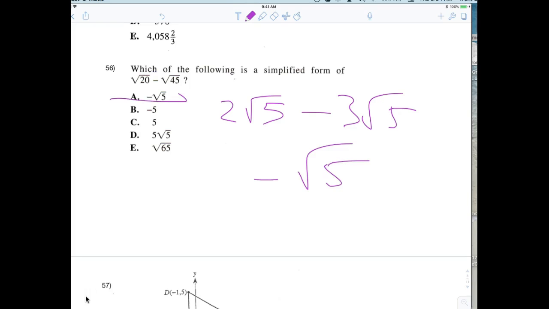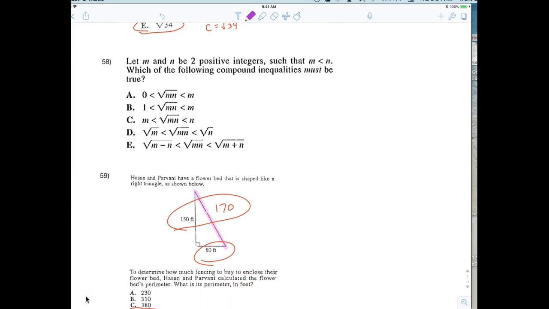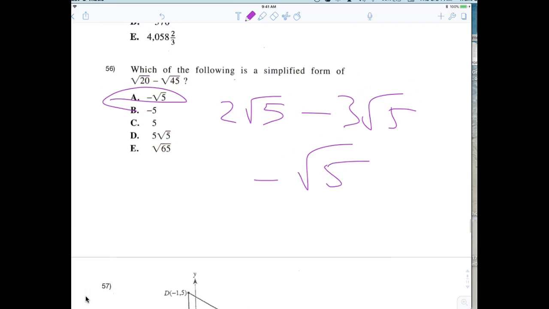Listen carefully on 58. What? I thought negative. No, you can have a negative number. You just can't take the square root of a negative.